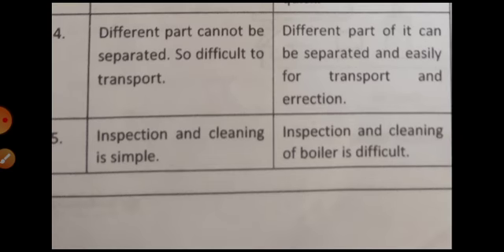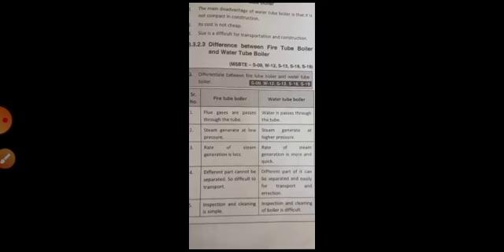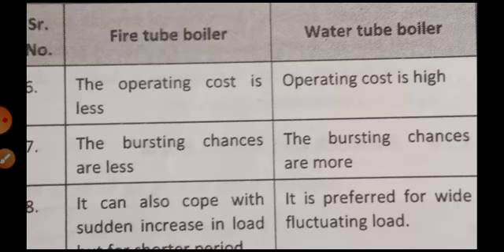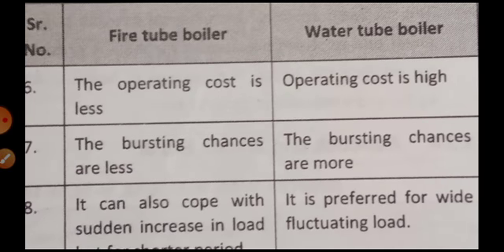In fire tube, inspection and cleaning is simple. Inspection and cleaning of the water tube boiler is quite hard, because the water in the tube is not very pure, or it may have some dissolved salt, which may form scale on the inner wall of the tubing. So cleaning is quite difficult for this water tube boiler.